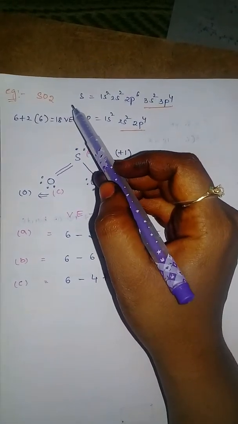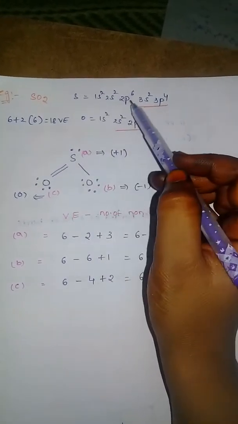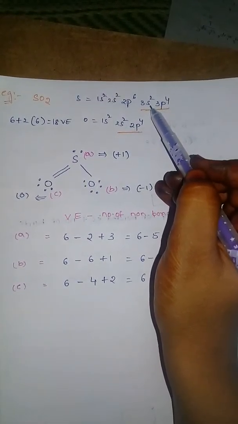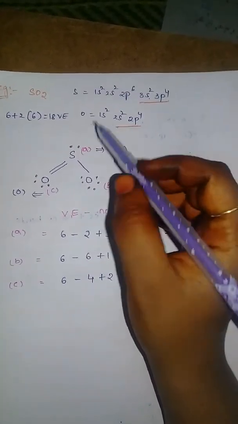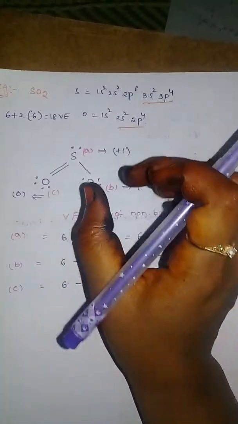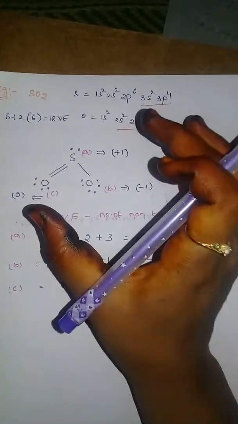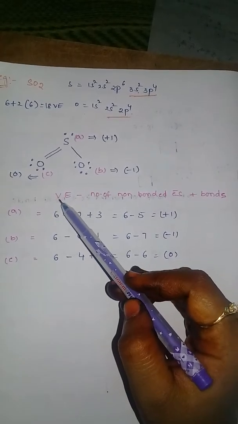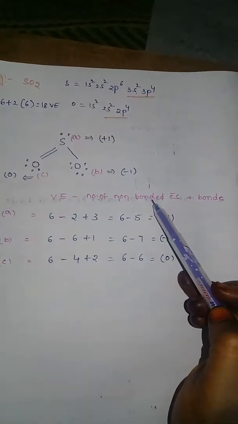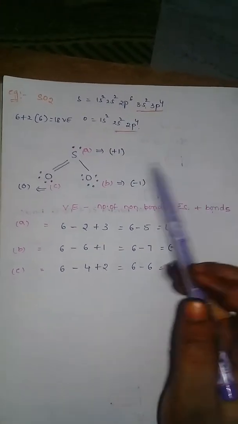And then the next example, SO2. Sulfur has 6 valence electrons and oxygen has 6 valence electrons. We must find the formal charge only in the Lewis structure. The formula is number of valence electrons minus number of non-bonded electrons plus number of bonds.